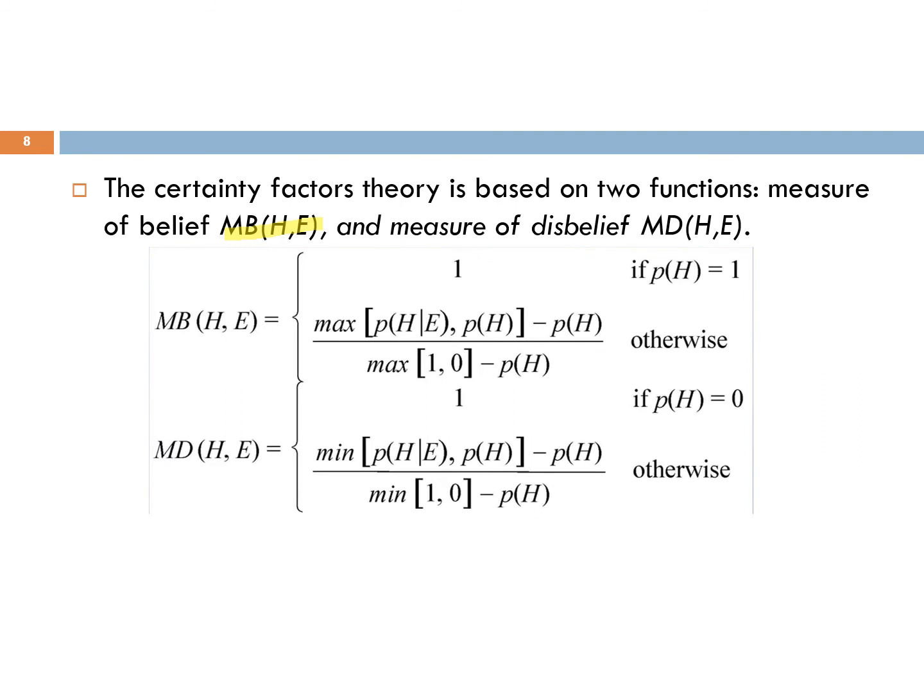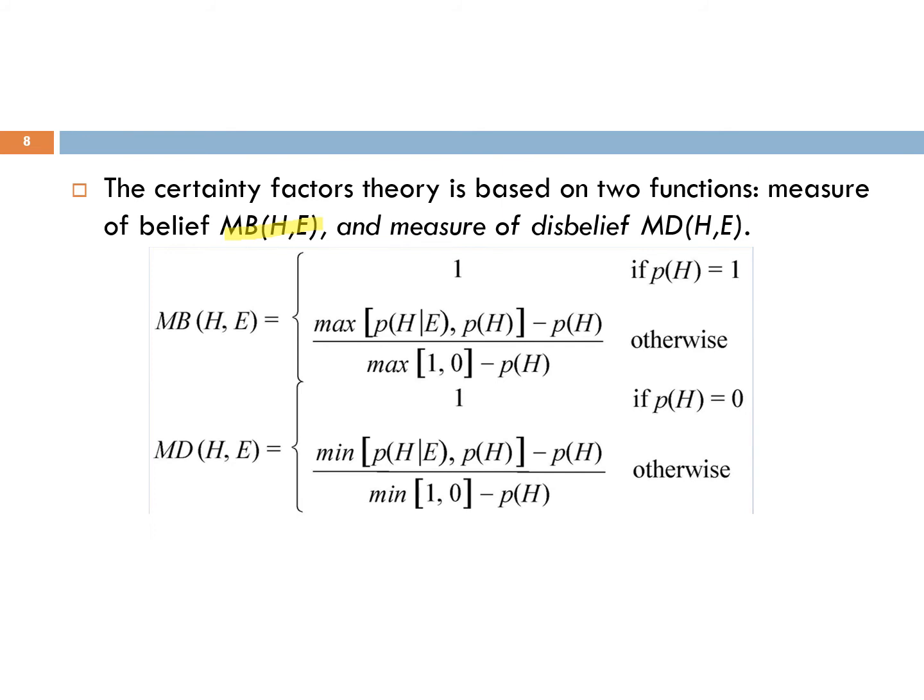If you look here, for the measure of belief, if the probability of hypothesis is equal to 1, then the measure of belief becomes 1.